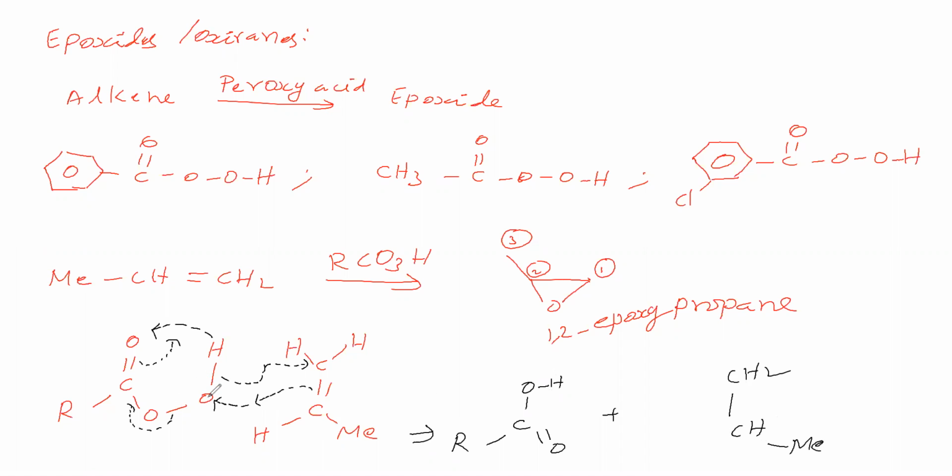Now see this oxygen takes this bond and makes a bond with carbon, while this pi bond is shifted towards this oxygen. This is called epoxide, or oxirane, a cyclic ether. So for getting a cyclic ether we are treating alkene with peroxy acid. So alkene on treating with peroxy acid gives epoxide.